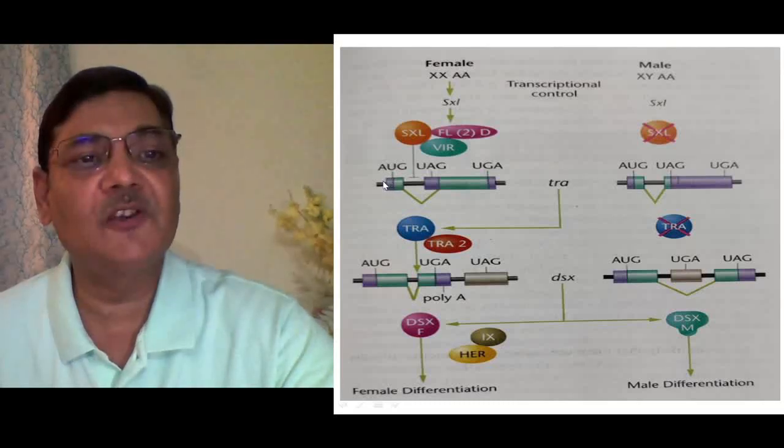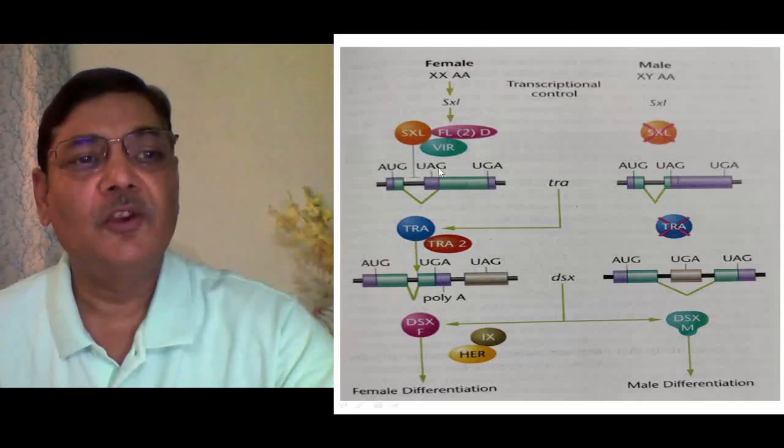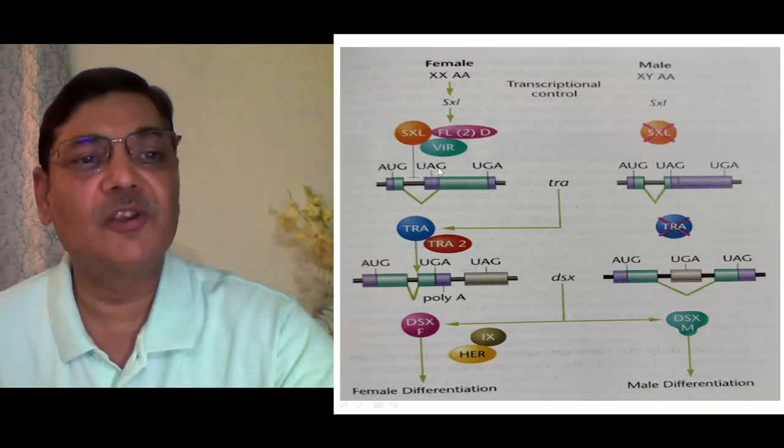Actually, if you see this pre-mRNA, you find that this is the initiator codon AUG. Now here UAG is a kind of codon which is actually a terminator. So there are introns and exons, and in the second exon, this terminator codon is located.